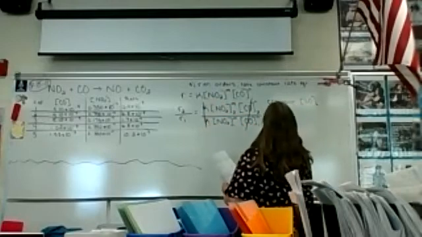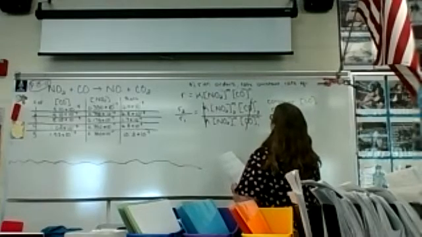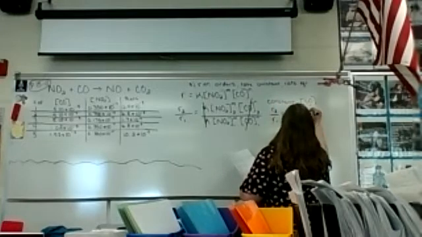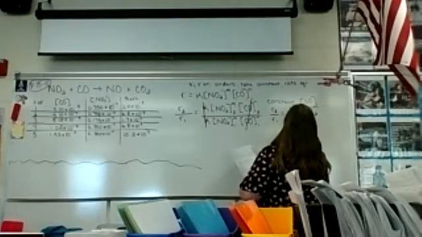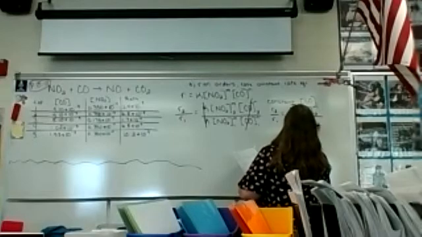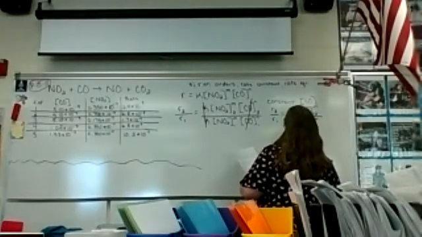So we are left with rate of experiment 2 over rate of experiment 1 equals the NO2 concentration raised to the reaction order of experiment 2 over the concentration of NO2 raised to the reaction order of experiment 1.